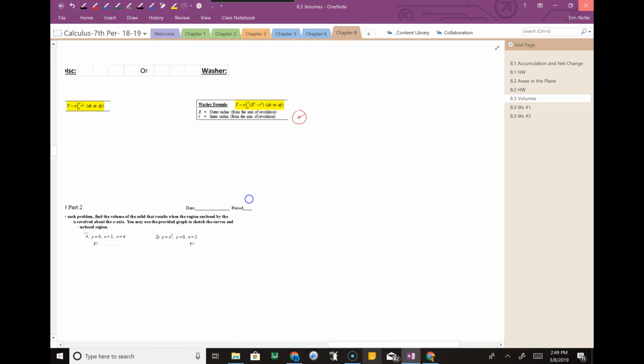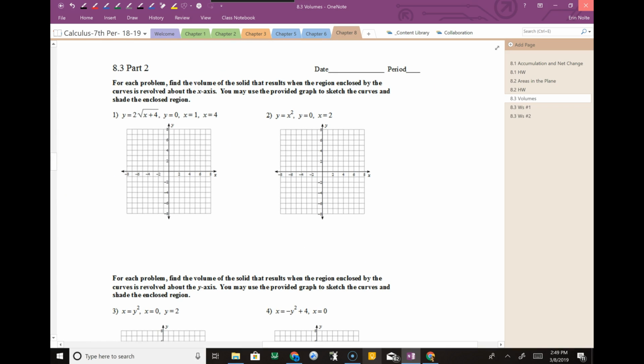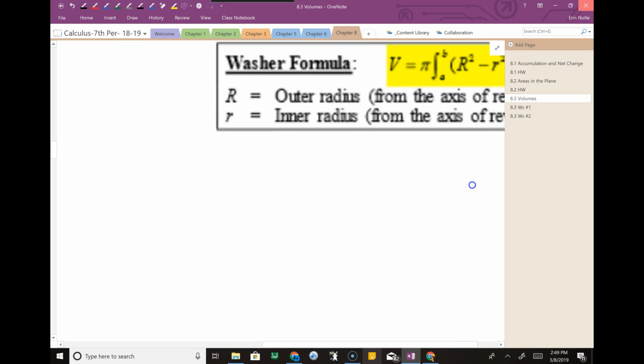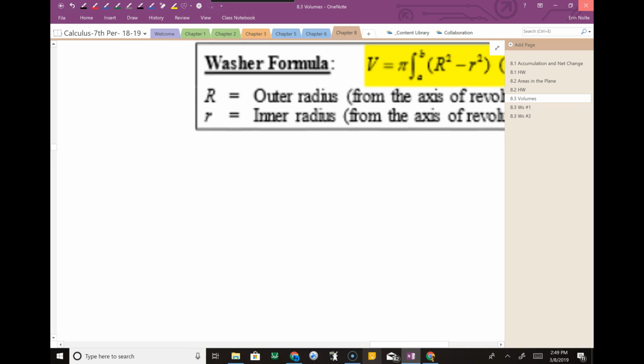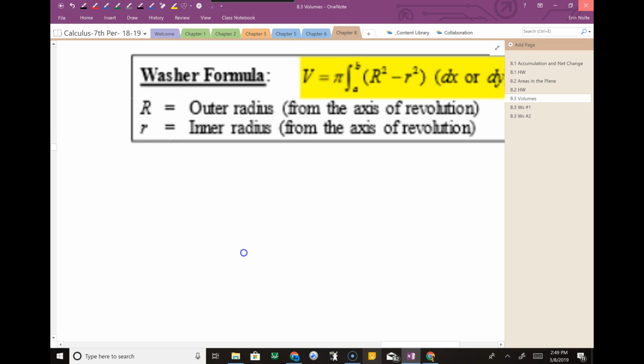Okay, so let's do an example. Let's see if we can draw a picture and explain this a little better. Big R is outer, little r is inner. Okay, hold on.